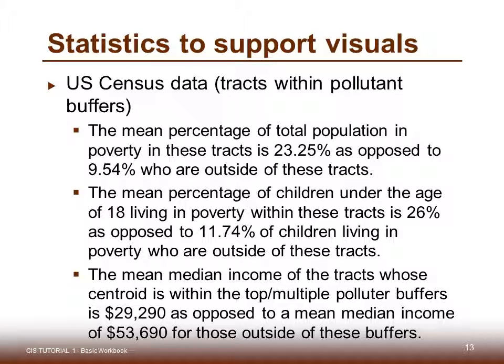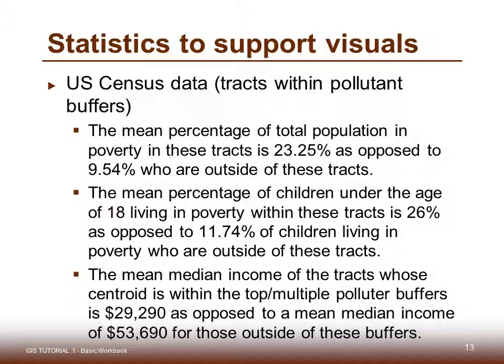We can see there appears to be some kind of spatial relationship between people living in poverty and proximity to these pollution sources. The mean percentage of children under the age of 18 living in poverty within these tracts is 26%, compared to 11.74% of those living in poverty who are outside of these tracts.